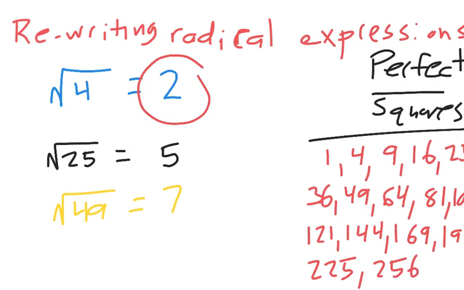Right, that's as far as I have memorized, through 256. These are all the things, if they were under a radical, that works out to be a very nice number for us.